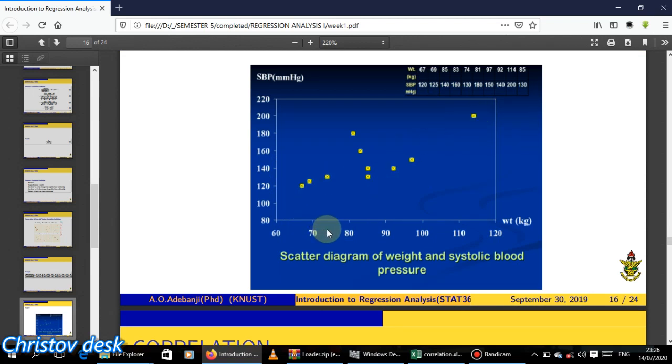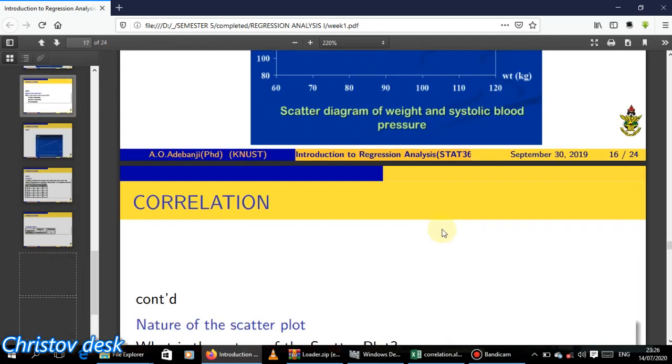When you are increasing your weight, there is some slight increase in your high blood pressure, okay. So this doesn't really speak a lot, but it kind of gives you some pictorial representation of what is actually going on.